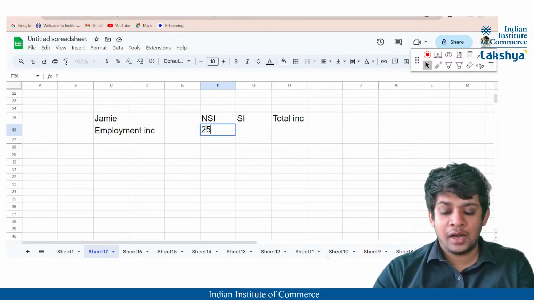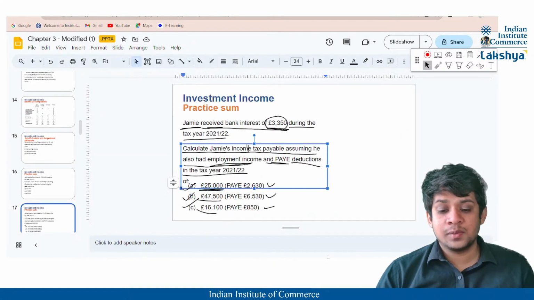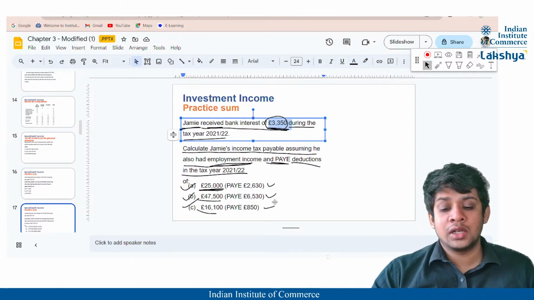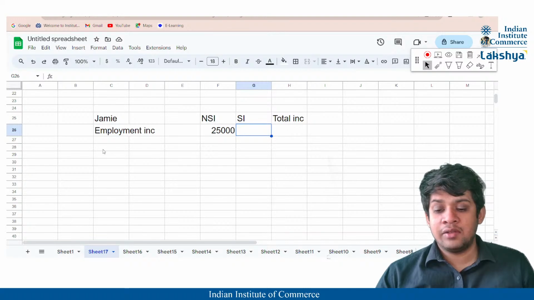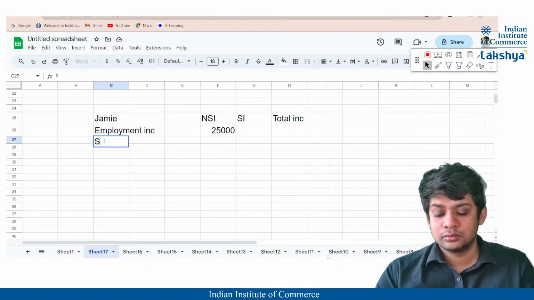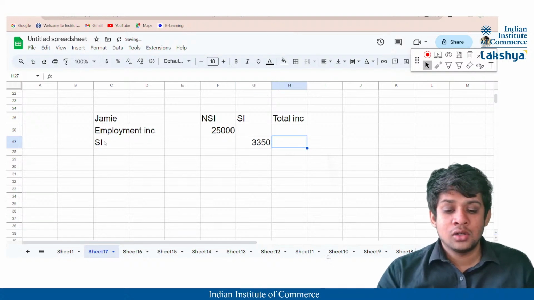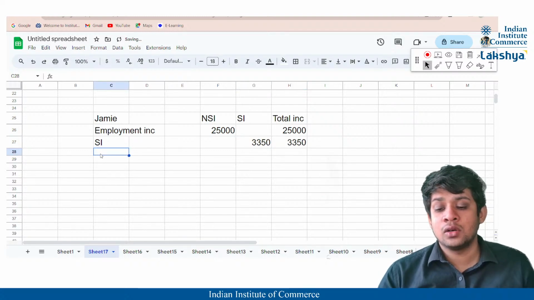So I'll write here 25,000. His savings income is always 3350. Received bank interest during the tax year 3350. So technically his savings income is 3350. So the total is 25,000 and here it is 3350.